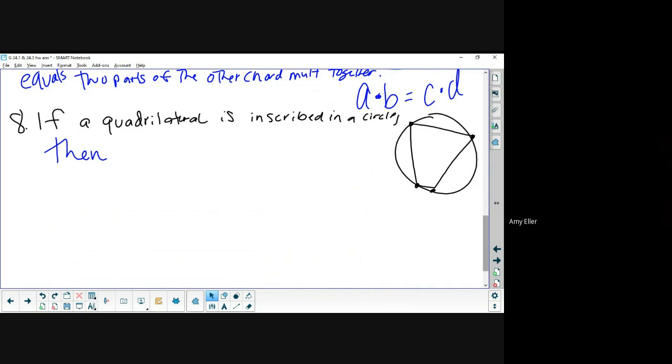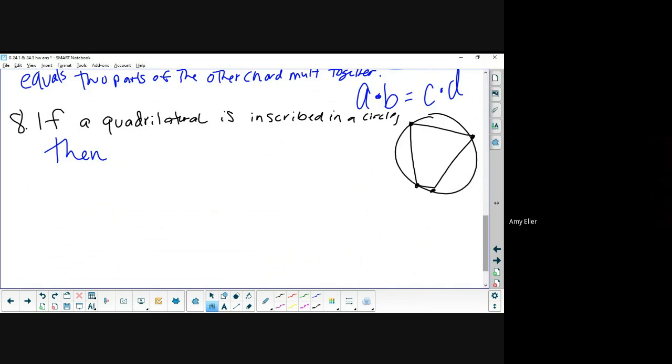Does anybody remember, or you can see it right in front of you, what happens if I have a quadrilateral inscribed in a circle? Kaylin, I saw you look. Did you find it? Yeah, the opposite angles. Good job.